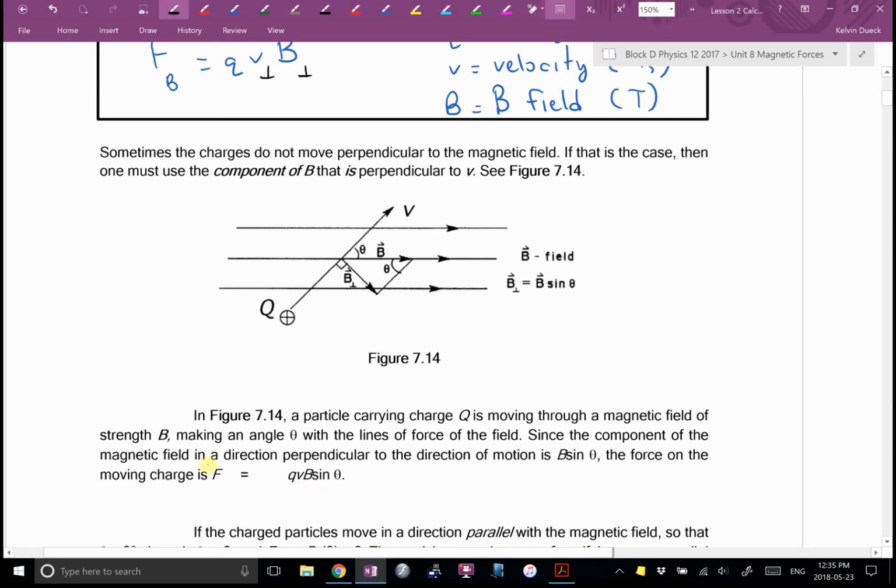This is really the correct formula. Because if they're perpendicular to each other, how big is angle theta in degrees? What's the sine of 90? 1. And that's where you get QVB. If they're parallel to each other, how big is angle theta in degrees? 0. What's the sine of 0? You get no force.